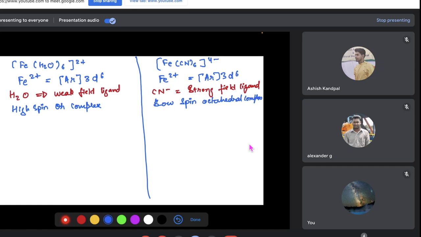I can show the Eg and T2g levels for each, and the filling will be, for high spin, 1 2 3 4 5 6, and for low spin, 1 2 3 4 5 6. Correct?